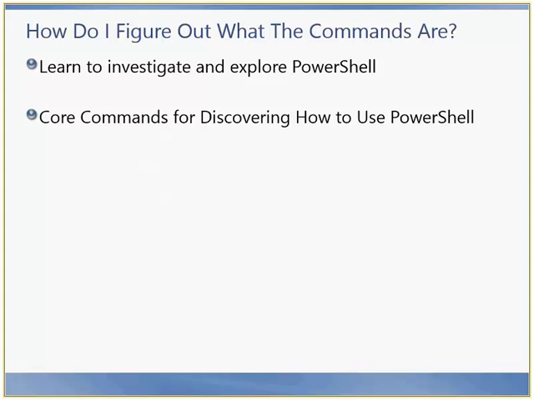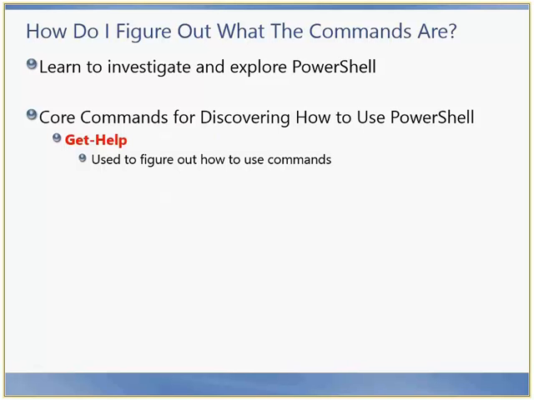So the core commands for discovering how to use PowerShell, the first one is Get-Help. There are 3 things in red on this slide, and if you will, write those things down, because if you don't get anything else out of this presentation, if you remember those 3 things, then you can figure everything else out for yourself. So Get-Help, the way I use it, I use it to figure out how to use commands.